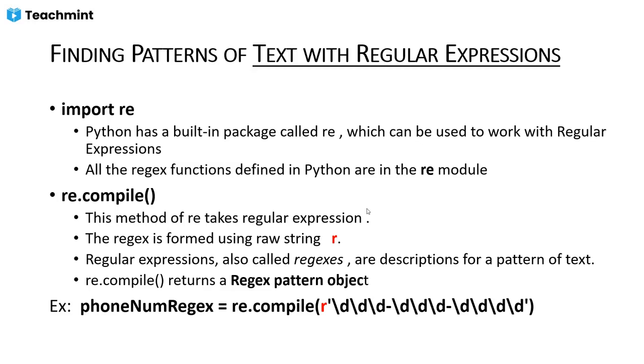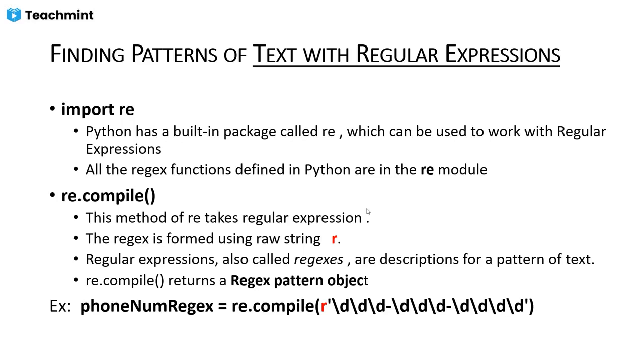This has a good number of functions which can be used to define the regular expression, to pass the input string, to obtain the matched patterns. The second step is to use the compile method, which takes a regular expression as an input, or a regular expression can be formed with the string.